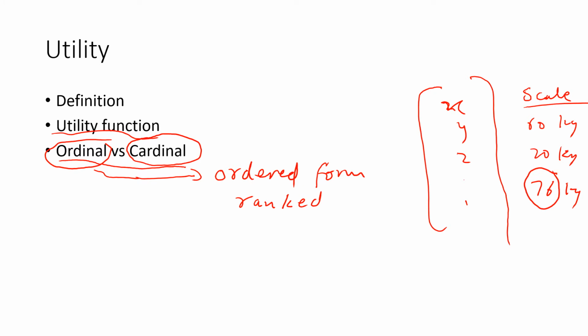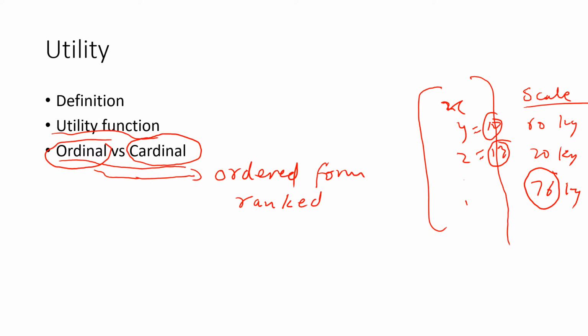Whereas when we talk about utility and we assign utility of 10 to y and utility of 12 to z, these numbers that we assign to utility do not mean anything. They are only for the purpose of ranking, and there is no other purpose other than ranking. So we say that utility is basically an ordinal measure.